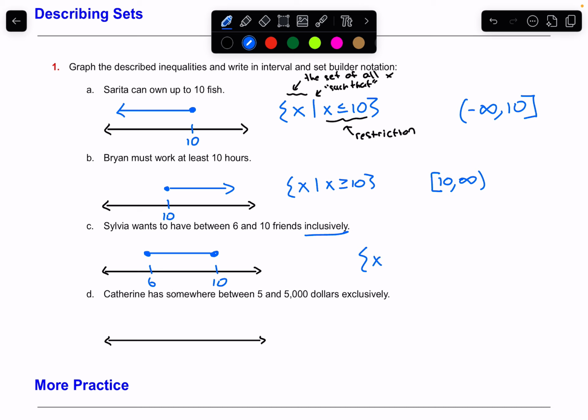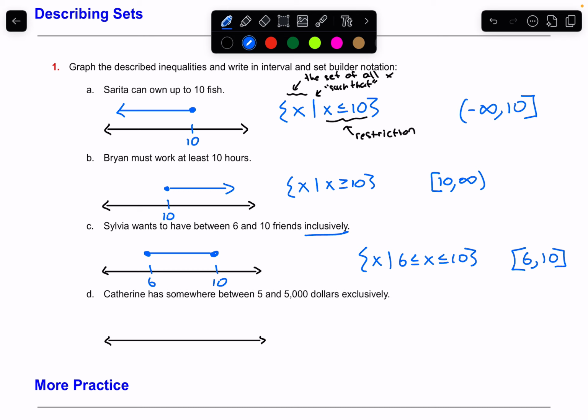So this is the set of all x such that 6 is less than or equal to x is less than or equal to 10, where we have or equal to's on both inequality symbols to indicate that we are including both 6 and 10, which also means we will use a bracket on the 6 and the 10 in interval notation, where again in interval notation you always go smallest on the left, biggest on the right.